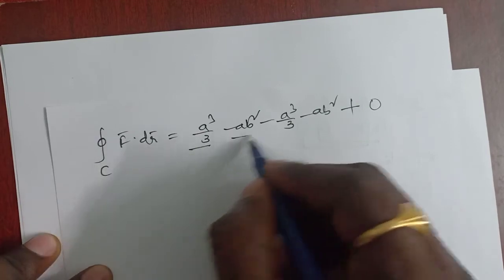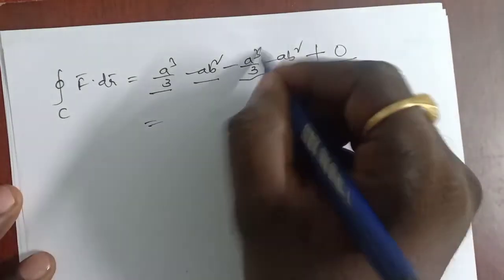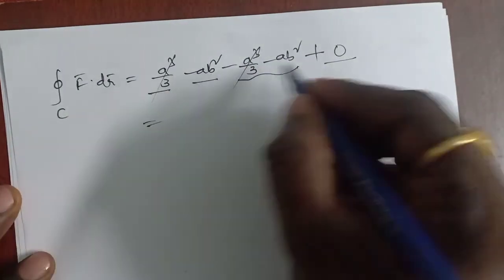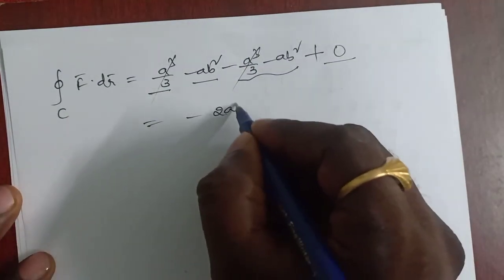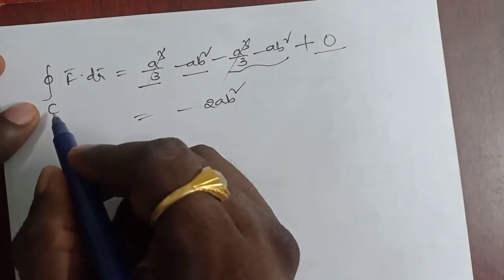So a cube by 3 gets cancelled, leaving minus ab square minus ab square, clearly minus 2ab square. Now the line integral along the curve C is completed.